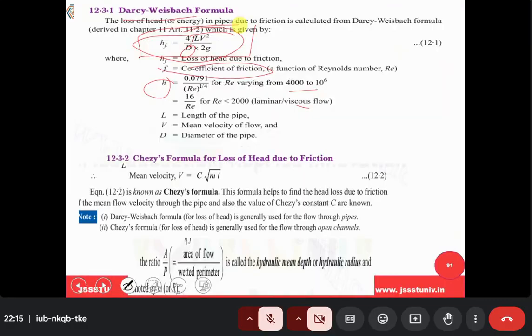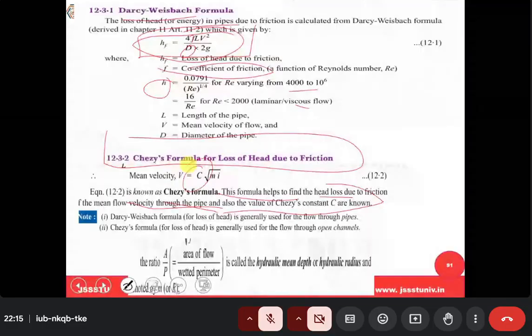There is one more formula to calculate the friction loss also, Chezy's. So basically Chezy's formula is also used to find the head loss due to friction. That is called the Chezy constant we are going to use. So the mean velocity v is equal to C root of m into i, where C is a very important thing, we call it the Chezy constant.